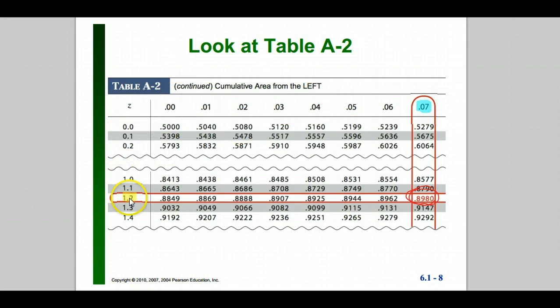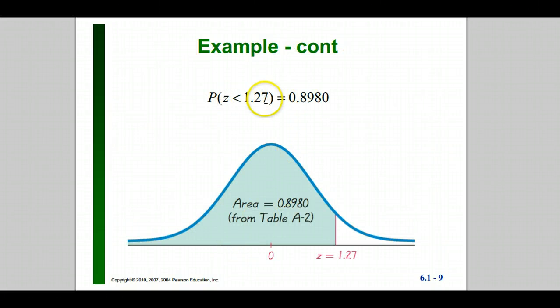So here's 1.2, here's 0.07. Where do they intersect? They intersect at this number, 0.8980. So that means that the area to the left of 1.27 is 0.8980.